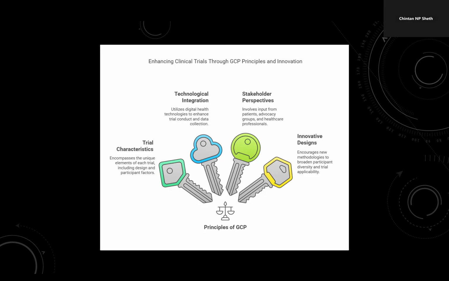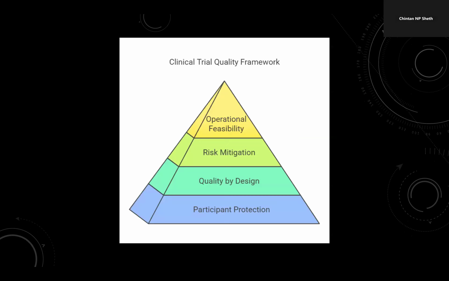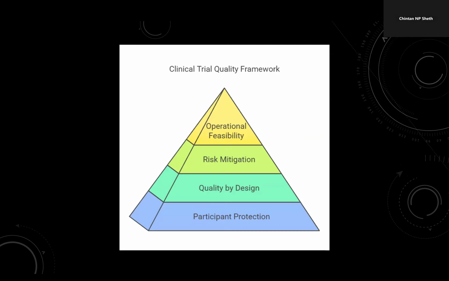Let's move and understand what is different in terms of the quality aspect, which the current ICH GCP E6 R3 explains. As you can see on this slide, this is a revamped quality framework. It, as always, starts with the safety of the participants, but it also includes quality by design.